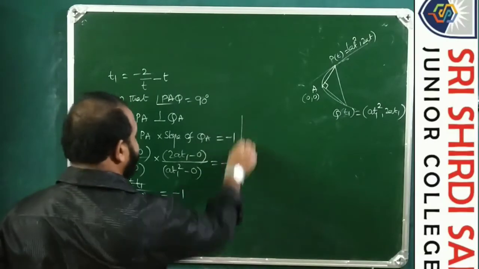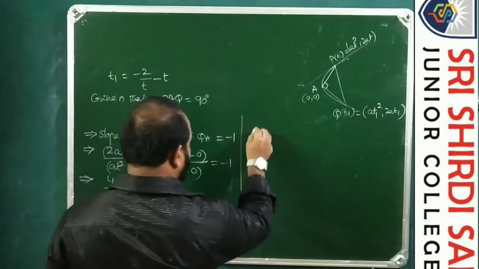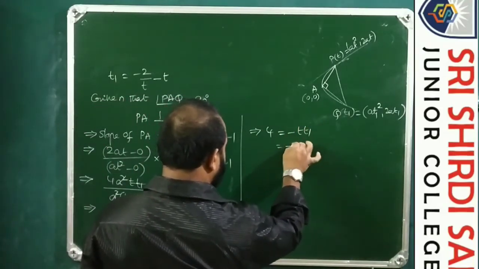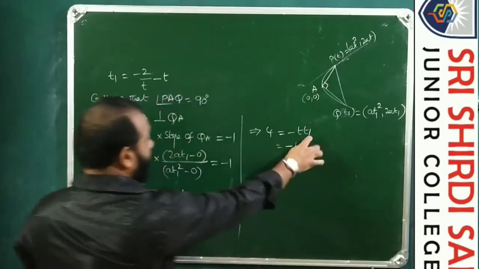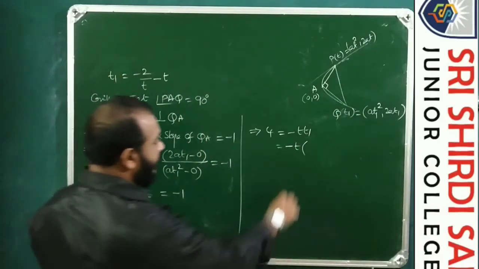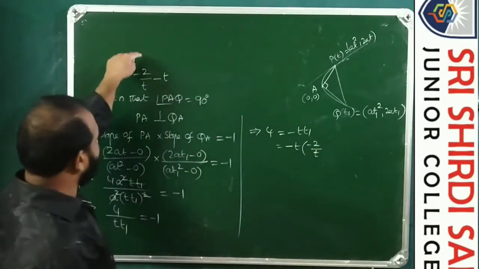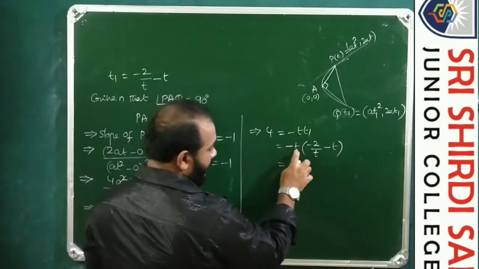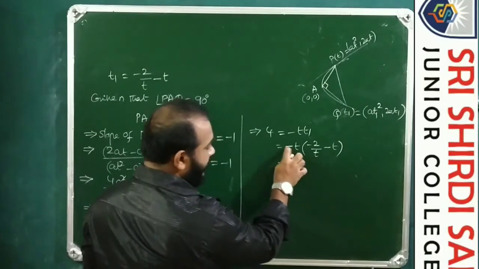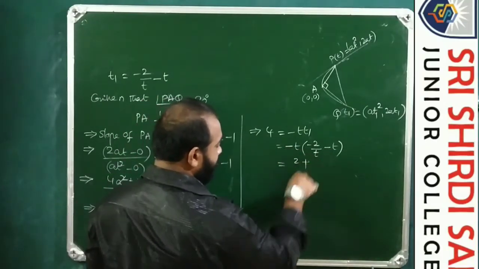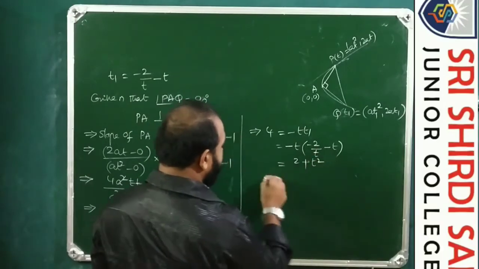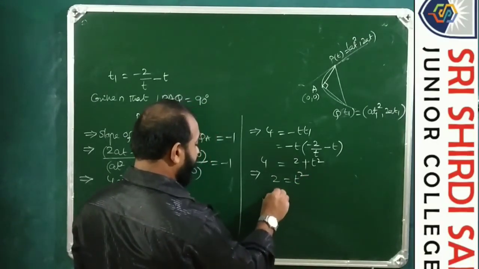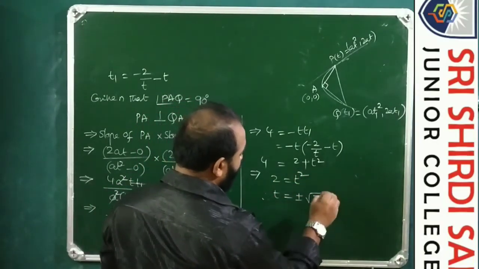This implies 4 is equal to minus t t1, that is minus t into the value of t1, which is minus 2 by t minus t. This is equal to minus into minus plus, t into 2 by t is 2. t gets cancelled. Minus into minus plus t into t is t square, so 4 equals 2 plus t square. So 4 minus 2 is equal to t square. Therefore, t is equal to plus or minus root 2, which is what we need to show.